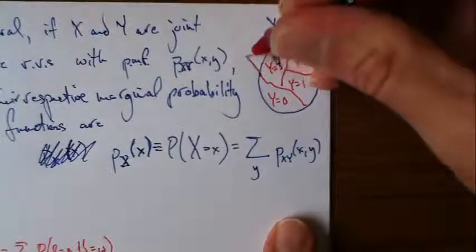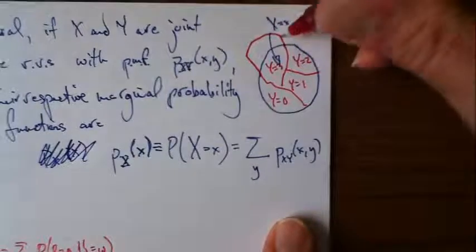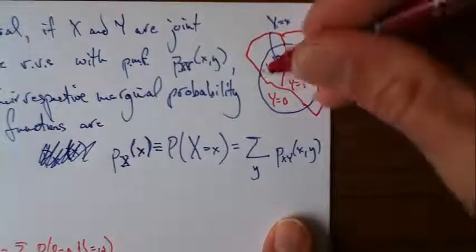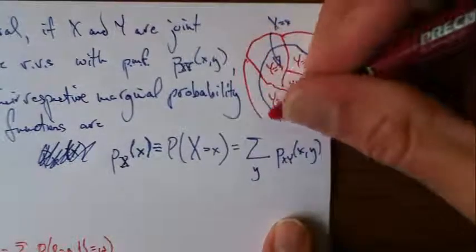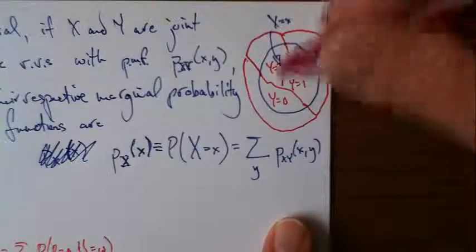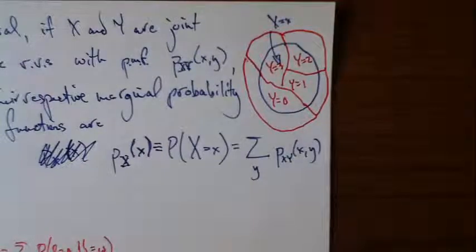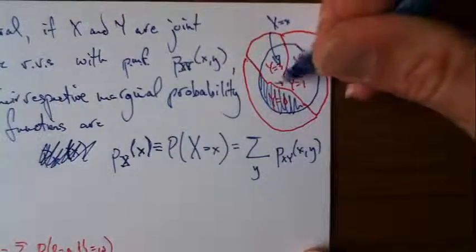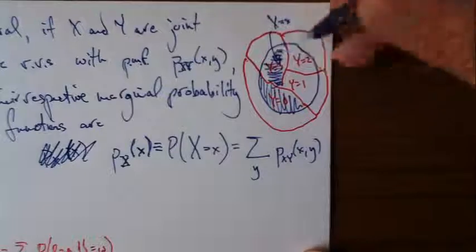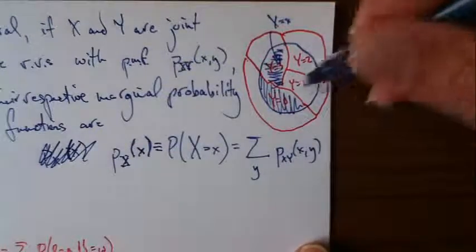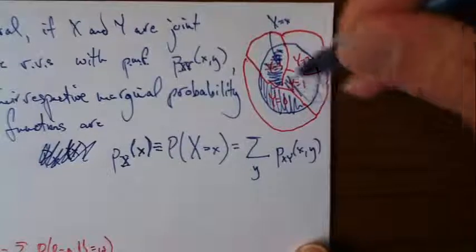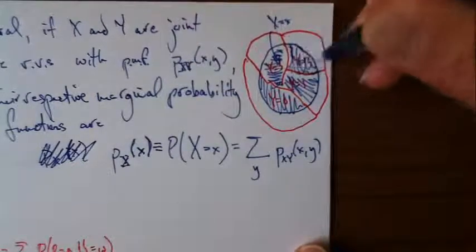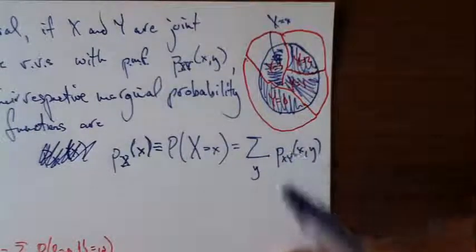So there are a lot of ways for x to take on the value of little x. It might coincide with different values of y, and so to get the area bounded by the blue region there, all I need to do is add up these pieces: the probability that x equals x and y equals 0, plus the probability that x equals x and y equals 1, plus the probability that x equals x and y equals 2. That's exactly what you're doing here.